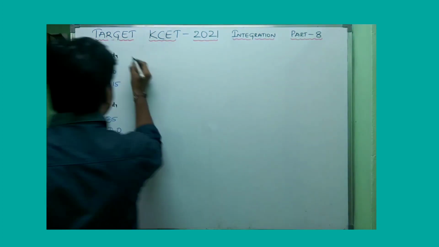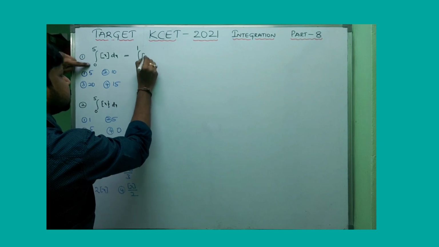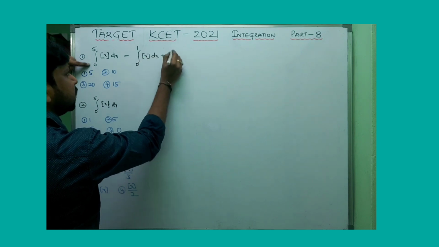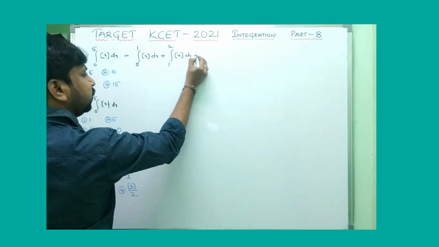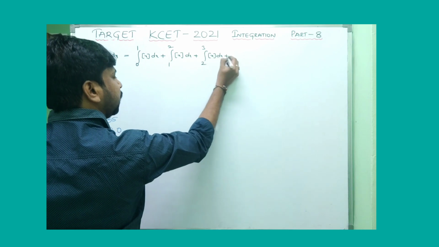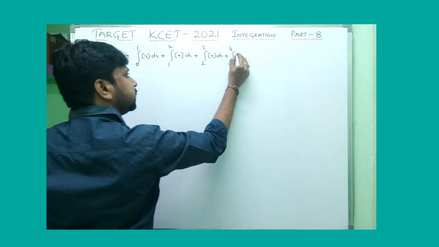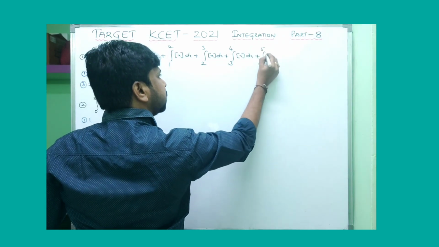So this can be written as integral 0 to 1 bracket x dx plus integral 1 to 2 bracket x dx plus integral 2 to 3 bracket x dx plus integral 3 to 4 bracket x dx plus integral 4 to 5 bracket x dx.